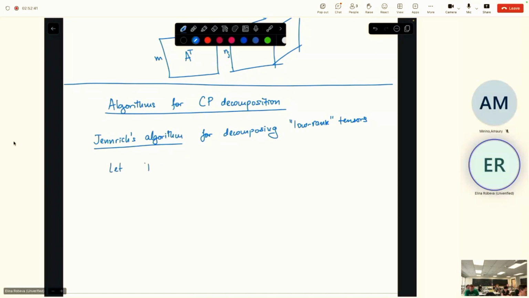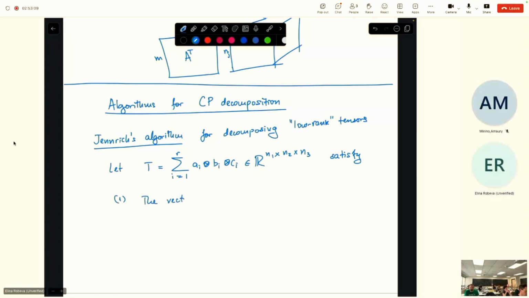So let T be a tensor of order, so now we're going to be real, sum of a_i tensor b_i tensor c_i. So it has order 3 and is n1 by n2 by n3. And suppose that it satisfies the following 3 conditions. So first, you want these vectors a_i, they lie in R^n1, to be linearly independent.